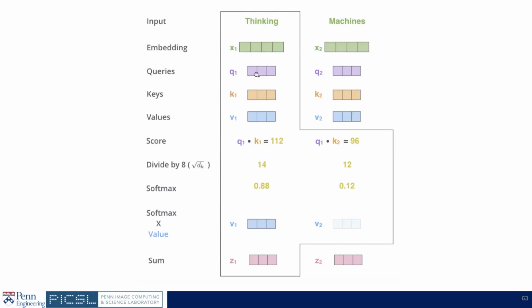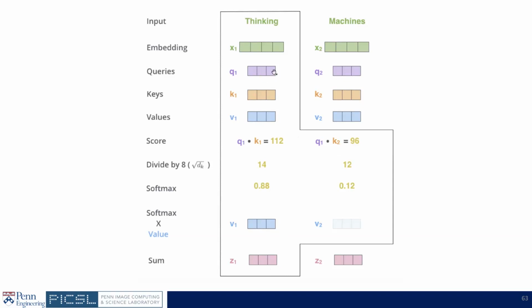I'm going to multiply Q1 with K1 to give some output, divided by some normalizing factor. There are various ways to define this normalizing factor. Pass it through some softmax, multiply the softmax with the corresponding V value, and then I'll get some output. That's it, right?